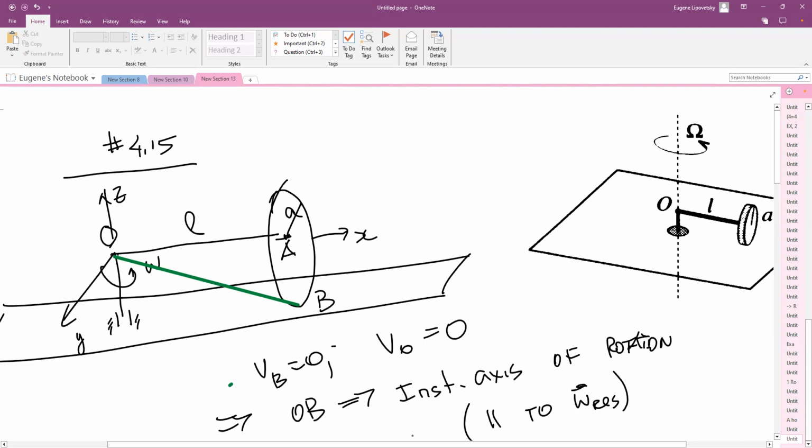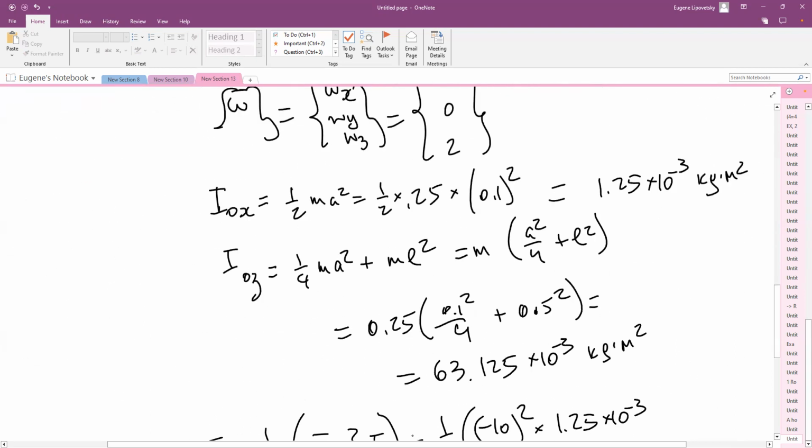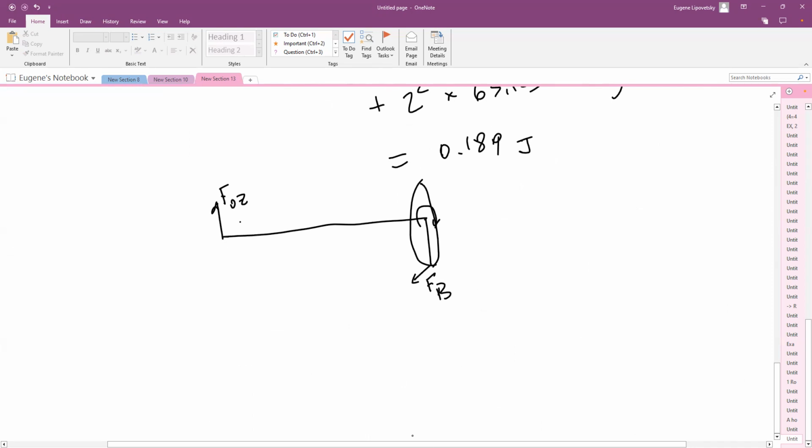The F of Y and F of X. Right away, we'll discard the F of Z because the force F of Z is absorbed by the axle here, right? Okay, so that's not the way. So we just discard this. We'll just handle the F of X, F of Y, and the FB.